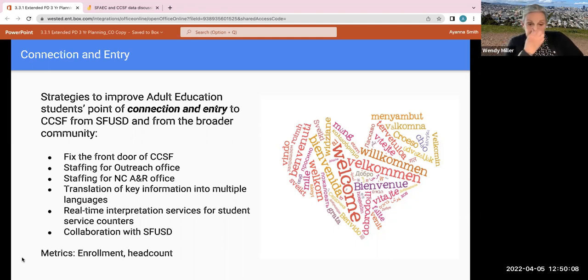And we are providing real-time interpretation services for student service counters. And that is both remotely and in person, and deep collaboration to better improve the connection with San Francisco Unified. And of course, these metrics that it would affect would be enrollment and headcount.